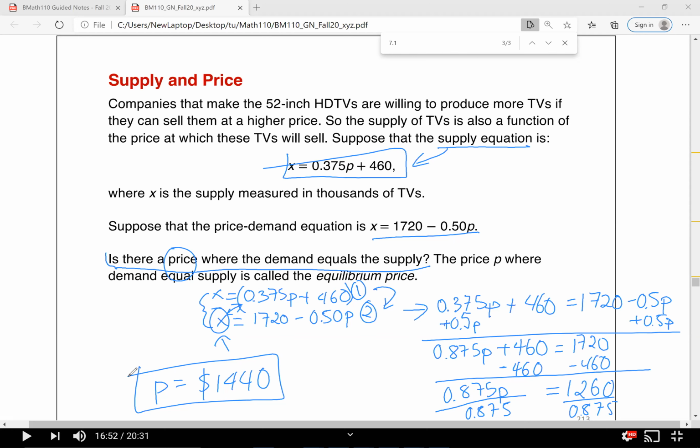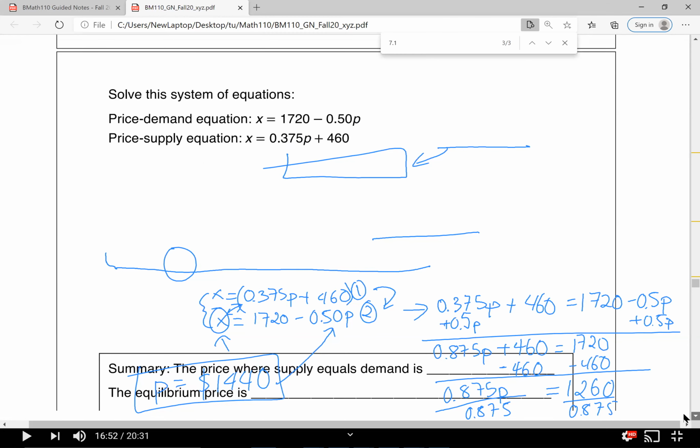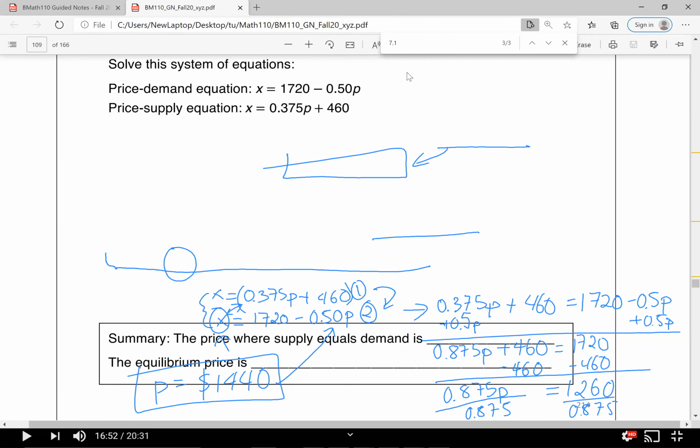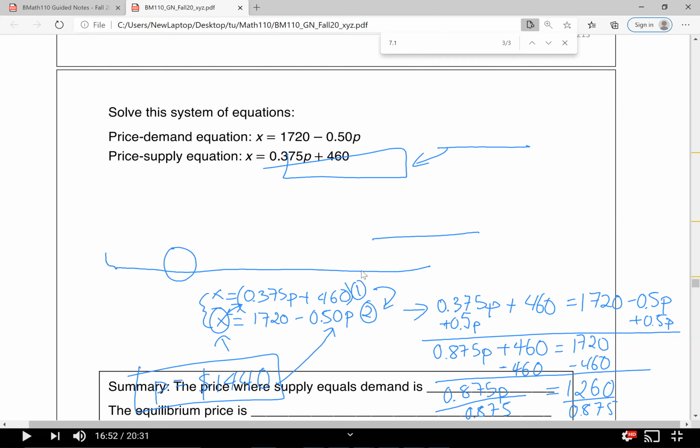If they ask for the number x, like how much the supply is going to be, then I would substitute this p into one of these equations to get x. So okay, let's move down to see what is next. All right, this page is actually telling us to solve the system of equations that I just showed you.